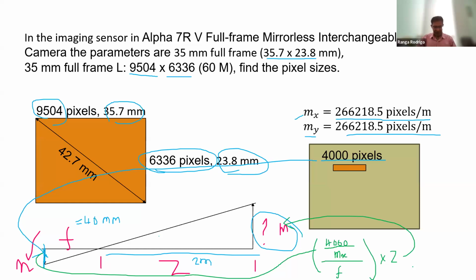So I'll do that. 4,000 divided by 266,218.5, divide that by 40 millimeters, multiply that by 2 meters, meaning 2,000 millimeters.